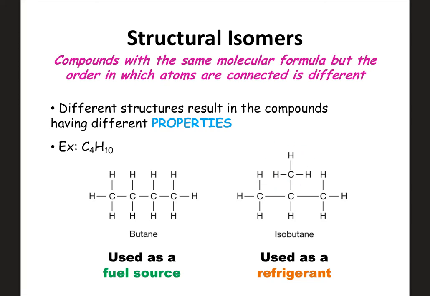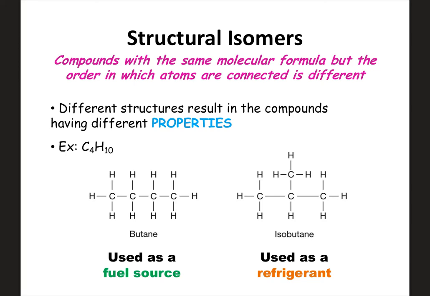It kind of is branched here. Well, it's the exact same formula, but a different structure. All right, this actually has totally different properties. It's used as a refrigerant. So even though they have the exact same formulas, because they are connected differently, they have different properties. These are called structural isomers.